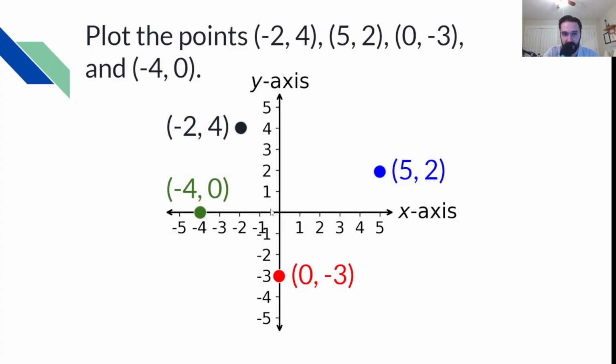And lastly, we have our point in green here, -4, 0. We move 4 units to the left, and we don't move up or down. So those are 4 points that we can plot to describe locations.